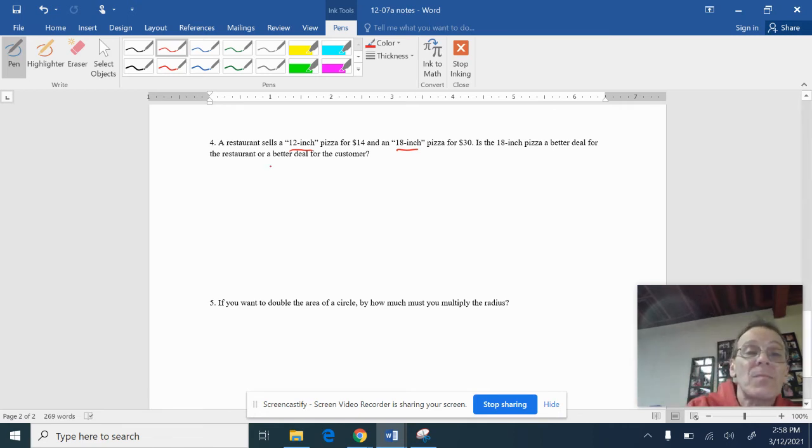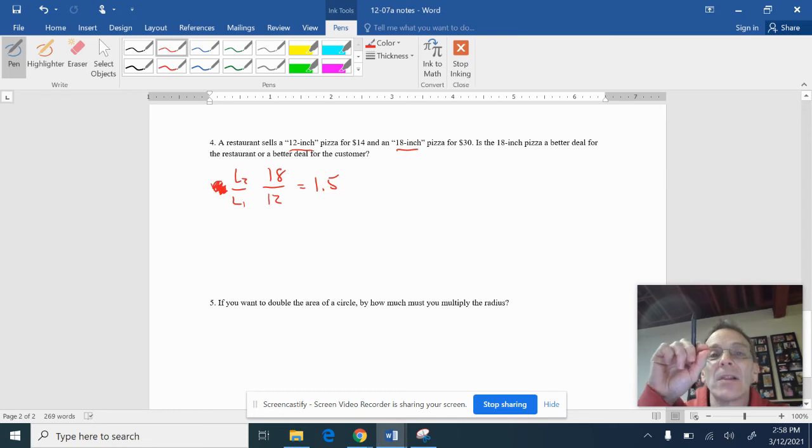So the second pizza being 18-inch diameter over the first pizza having a 12-inch diameter, that ratio of lengths, length 2 over length 1, that ratio of lengths is 1.5. The second pizza has lengths which are 1.5 times as large as the first pizza.